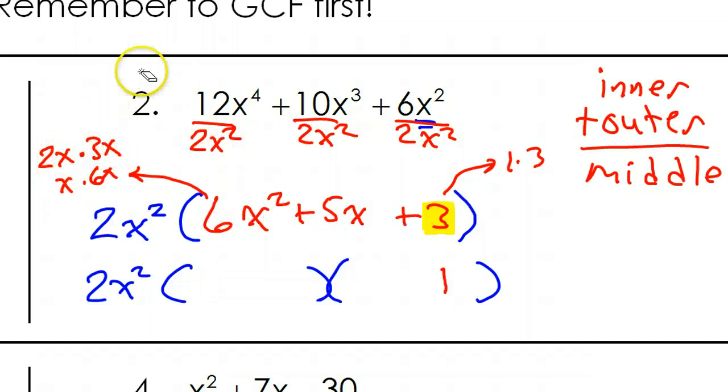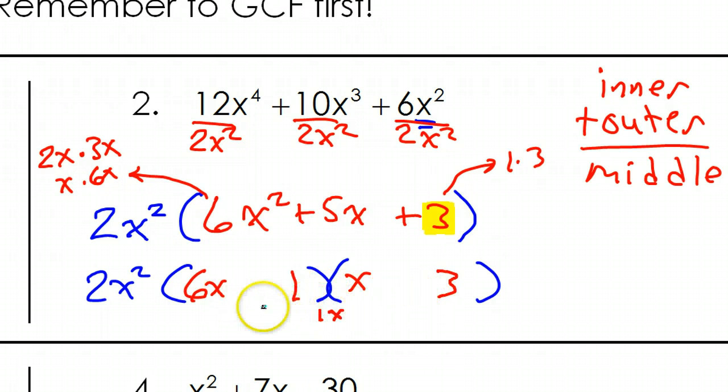It must not be the 2x and the 3x. It must be like 6x and x, the second option. Once again, I know not to put the 3 here because that would cause a GCF, and that should not happen. So I won't waste my time on that. It would have to be the 1 here and the 3 here. It looks like this is not working either. Inner I have 1x, outer I have 18x.